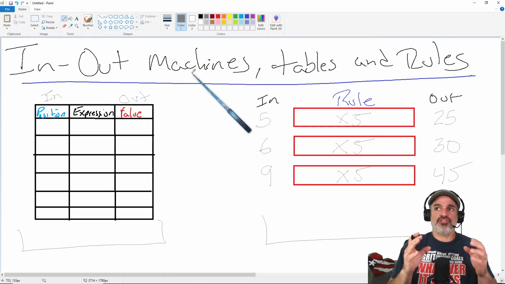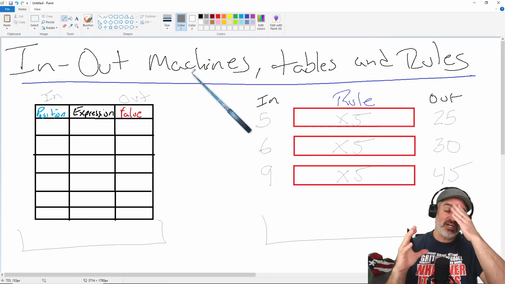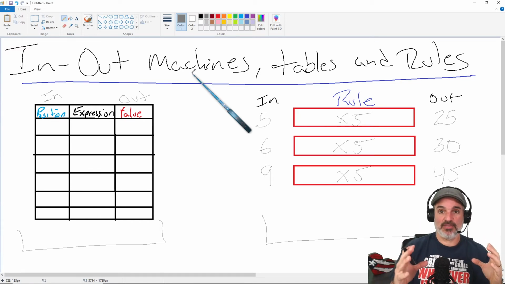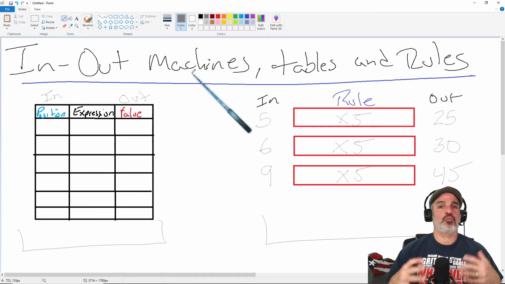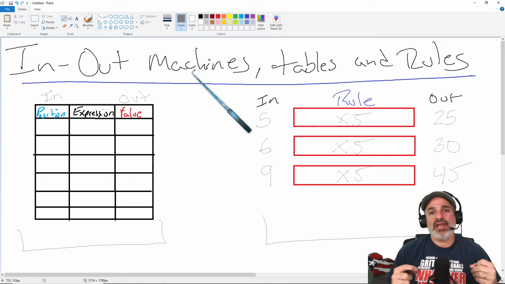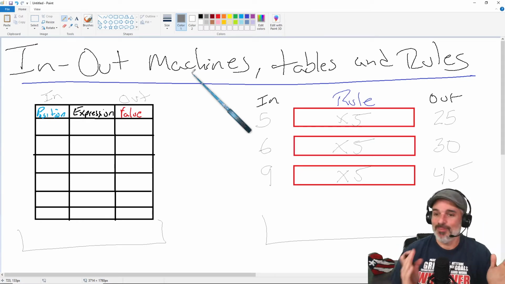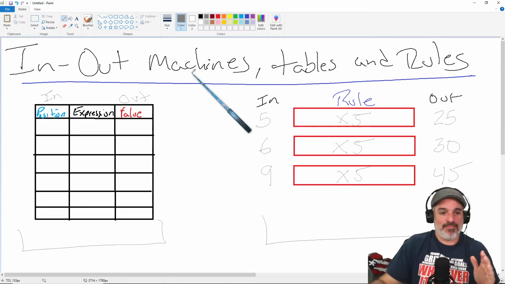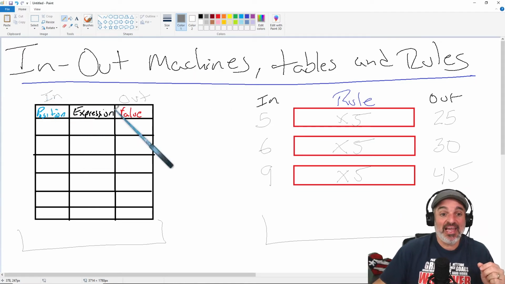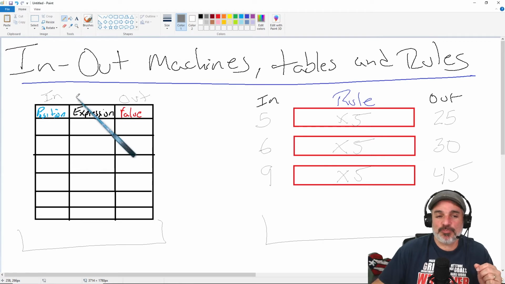When they give you these kinds of tables, it's usually based on a word problem or based on the way they give you the information, but it keeps being the same thing. So if the position is the in and the value is the out, then the expression is going to be your rule.